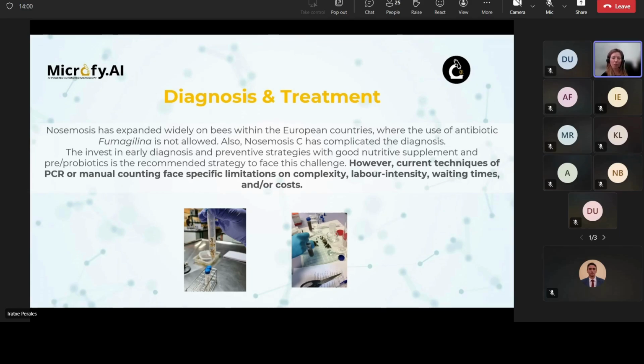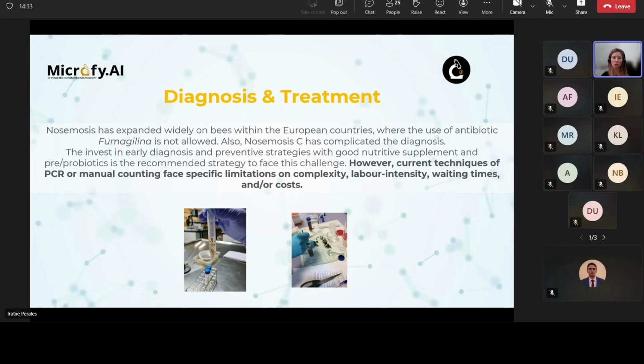There have been a lot of publications on nosemosis, and it is true that it's not as serious as Varroa, because the mortality related to nosemosis is not directly linked. But what has been clearly seen is that nosemosis has a serious impact on the beehive because the bees start to be weaker. So when it's combined with other external effects, it has been clearly correlated that the mortality is higher.